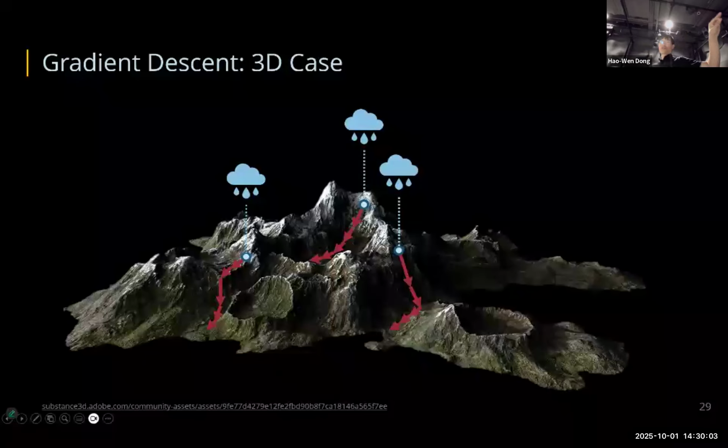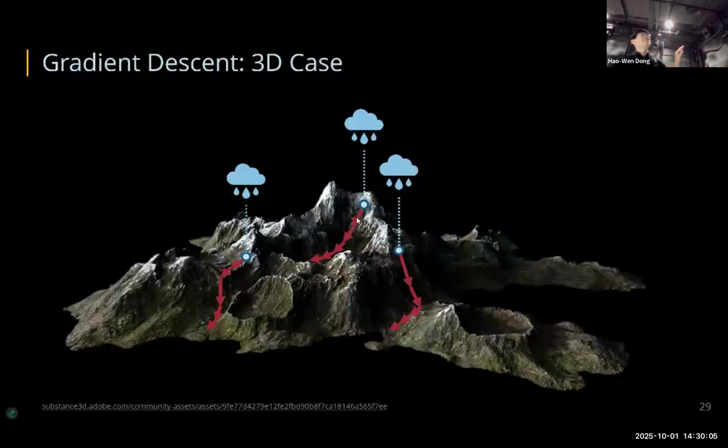So now you also see what's the problem of gradient descent. For this case, if you initialize it badly, it will stop here and won't reach the minimum value. In this case, the minimum value will be the sea level, right? So it depends a lot on the initialization.